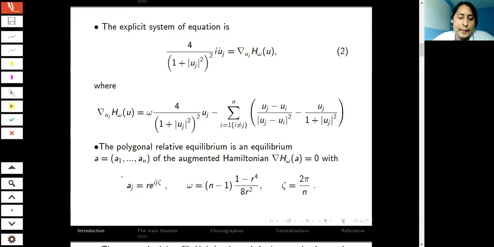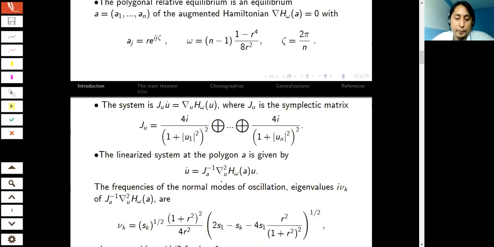So basically, this is a polygonal relative equilibrium, a regular n-polygonal relative equilibrium of radius r. And this is precisely an equilibrium when the frequency is equal to this number. Okay? And this is my starting point.